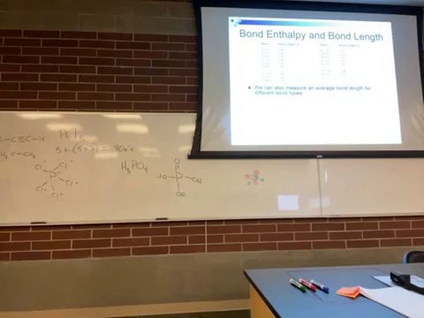Now, the last thing I wanted to show you is another very important trend, and that is bond lengths. When we were talking about resonance, with lone pair and pi electrons moving around, notice the bond length of a carbon-carbon bond, 1.54. Notice the length of a carbon-carbon double bond, 1.34. Notice the length of a carbon triple bond, 1.21.